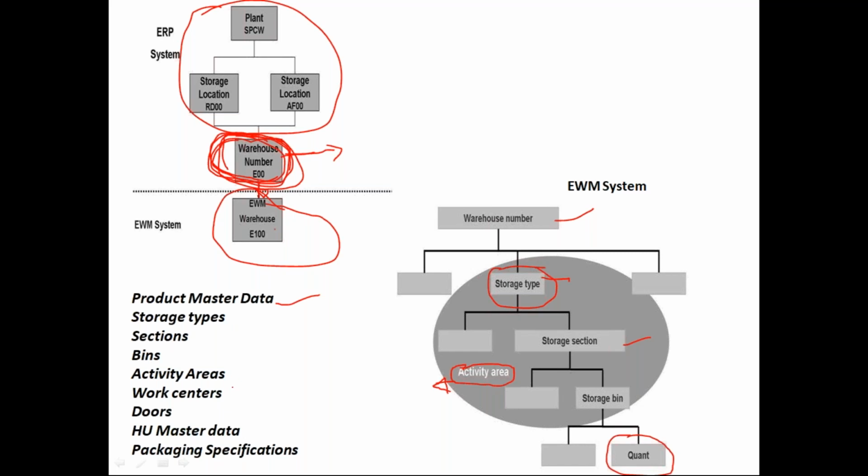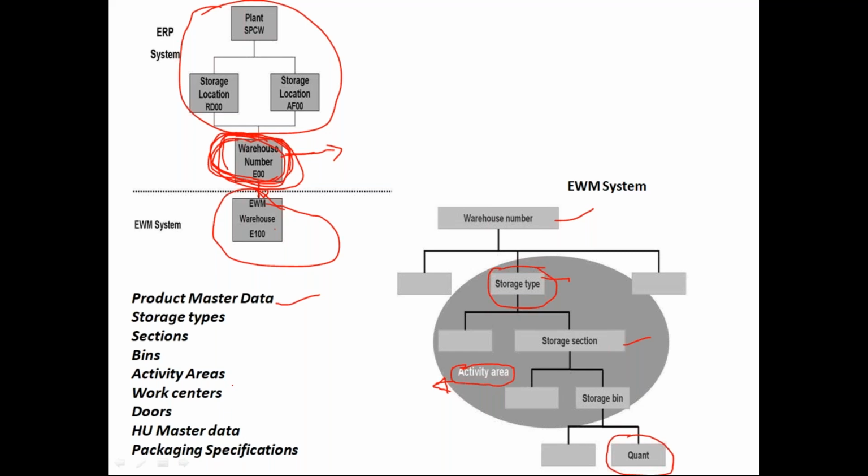One question: you told that in a particular storage type we have a number of bins, and we can divide them into 3 or 4 activity areas as well, right? Correct. It can be like this also.